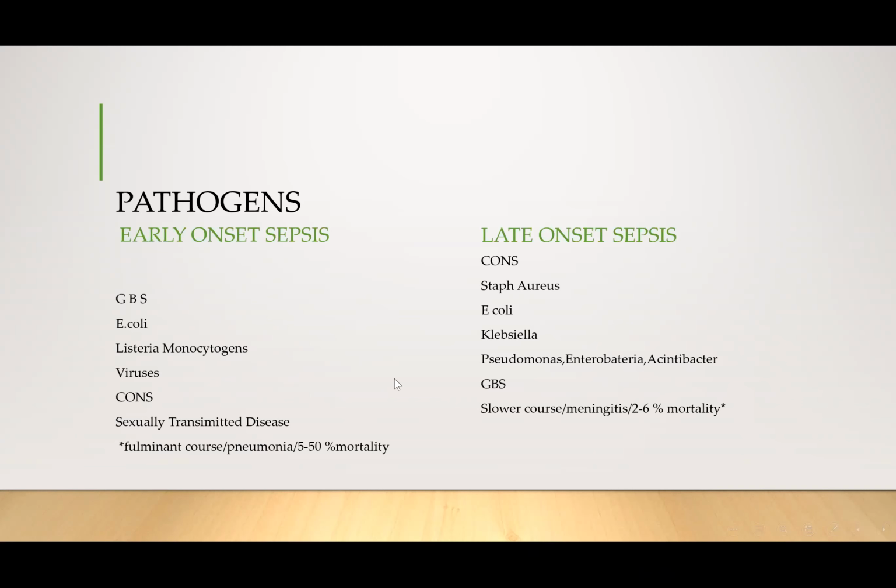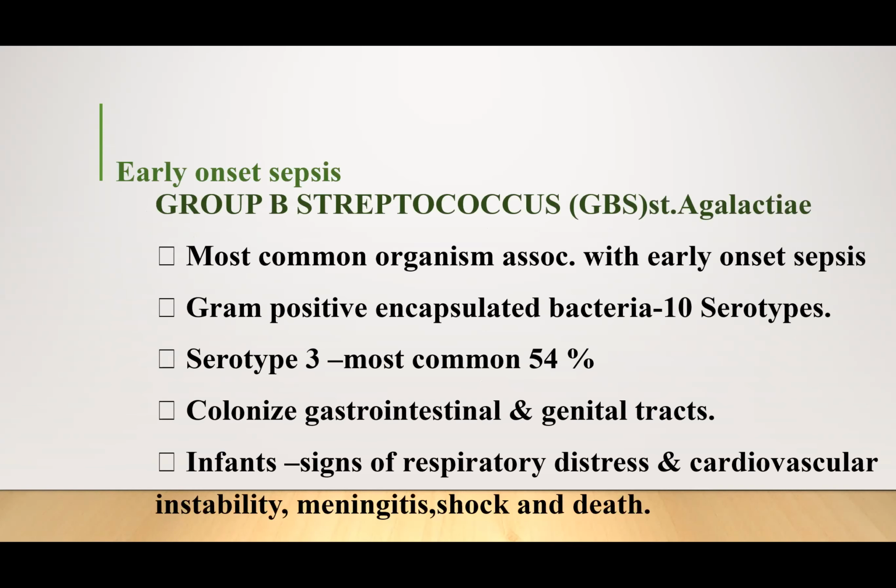But the top one in the late onset is CONS, which means coagulase-negative staph, and the other type of staph, Escherichia coli, Pseudomonas, Acinetobacter. All this can also be responsible for late onset. So remember, please, the sequence of the organisms according to early or late onset.